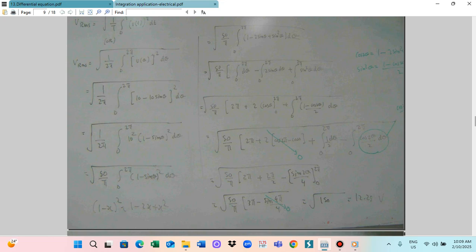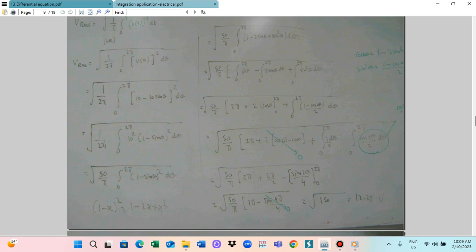So we got it like this. Now you substitute: cos 2 pi is cos 360, which is 1, and cos 0 is 1, so they will be cancelled. So this one will be 0 here.